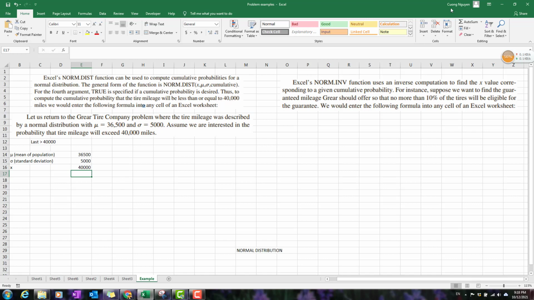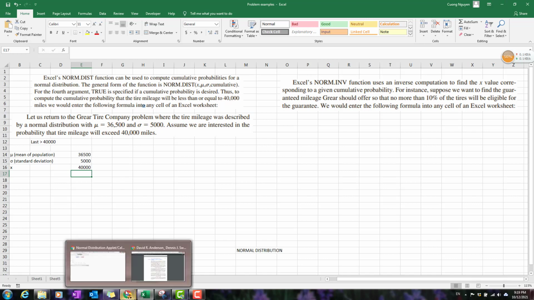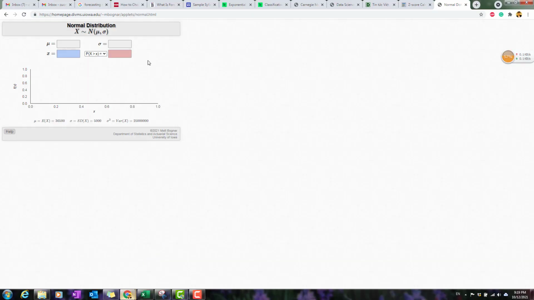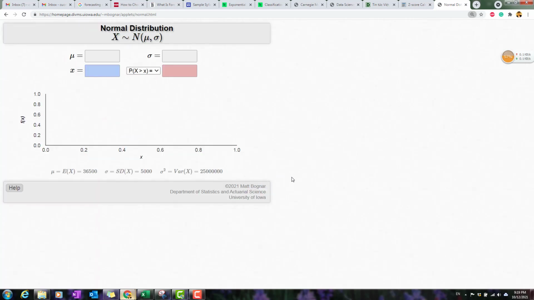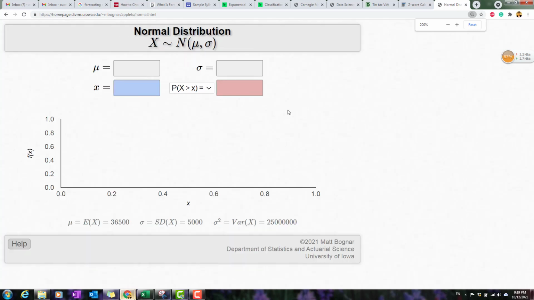To do this, it's very simple to use another online tool that has been provided by the University of Iowa Department of Statistics and Actuarial Science, and I will make it bigger so you can easily see it. Thank you a lot to Max Borger, your professor in Iowa.